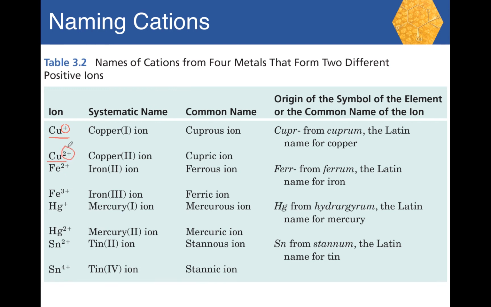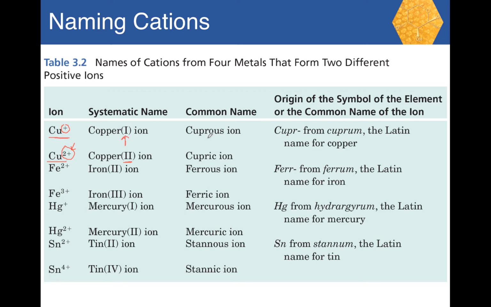So instead of writing the charge, we'll write the Roman numeral 1, which will indicate it's 1 plus. Or we'll write the Roman numeral 2, which indicates it's copper 2 plus.